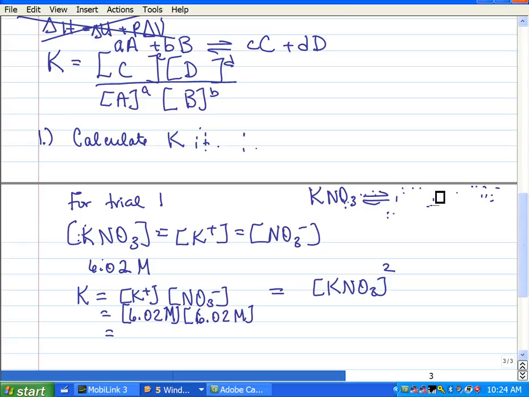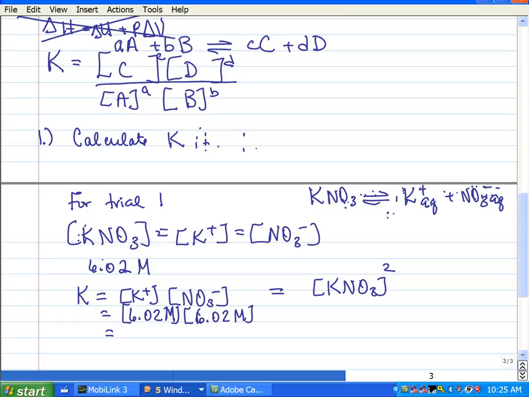What we know about this dissociation is that whatever the concentration is of potassium nitrate, the concentration of potassium ion and nitrate ion is the same, which is where I got this from. Well, kind of, sort of, but let me make sure that we're on the same page.